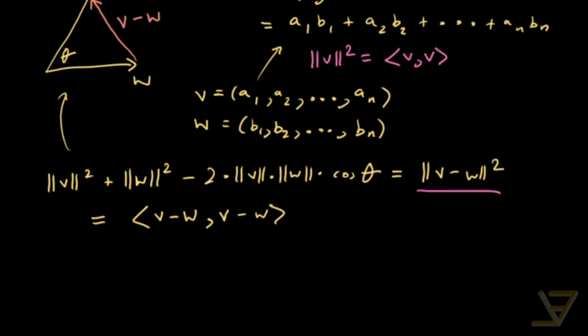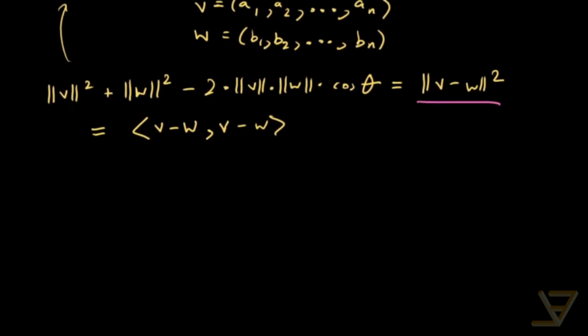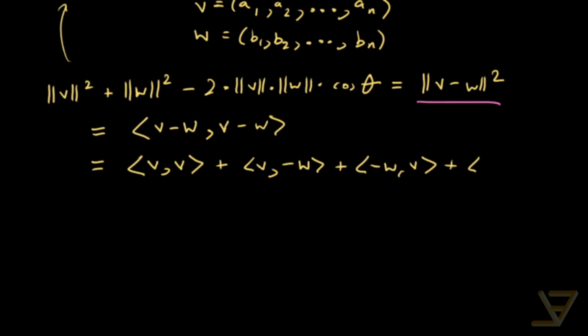And now we're going to use the distributive property of the inner product to get that this is equal to the inner product of V with V plus V with negative W plus negative W with V plus negative W with negative W. And now we can use commutativity and homogeneity on, actually first let's handle this one.